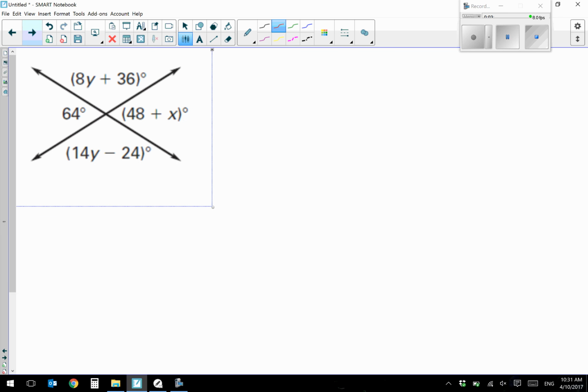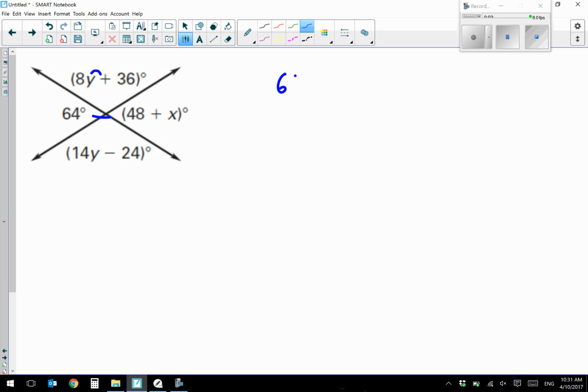Do the exact same thing. I'm looking for vertical angles or supplementary angles. So if you notice again, there's x, there's y's. So I want to put the y's together and x's with the number because these are vertical angles and these are vertical angles. So here we go. I'm going to do this one first.